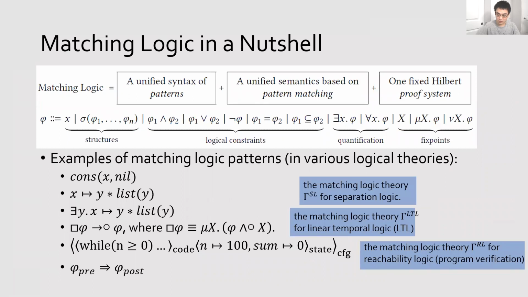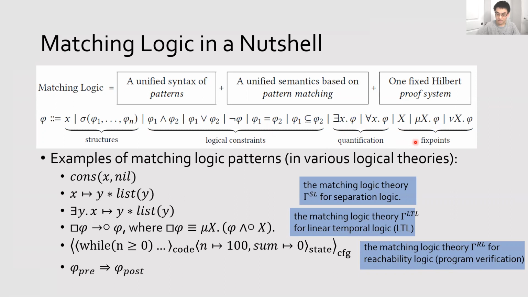So what is matching logic? Due to time limit, I cannot show you the formal definition of matching logic, but only some intuition. You can find all technical details in our paper. In short, matching logic consists of three components: the syntax, semantics, and a proof system. On the syntax, matching logic builds formulas, which we call patterns. Patterns can express structures, logical constraints, quantification, and fixed points.